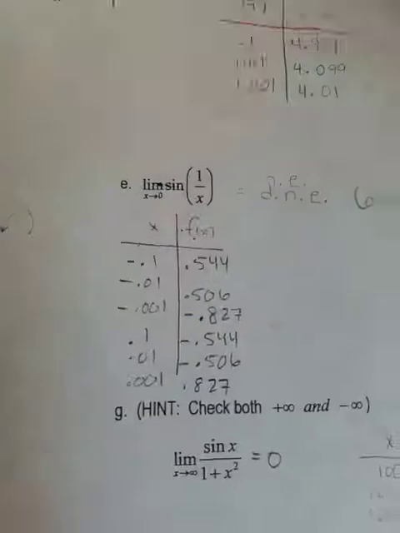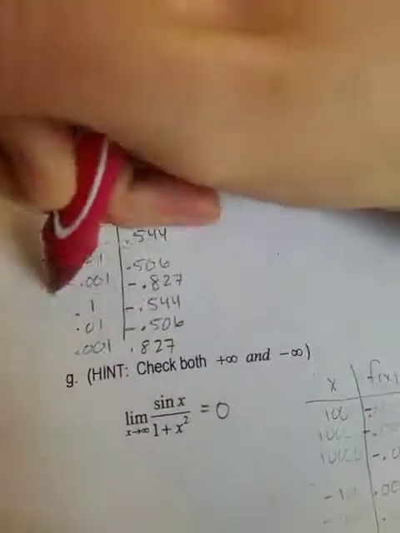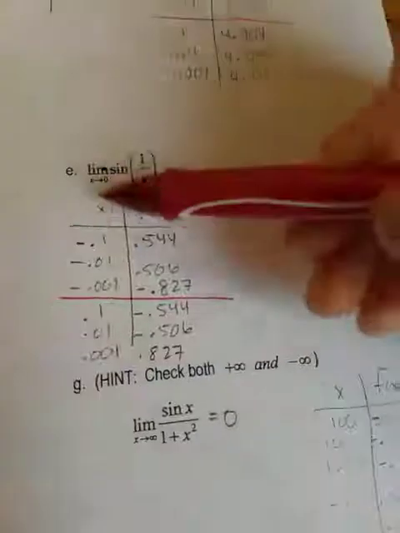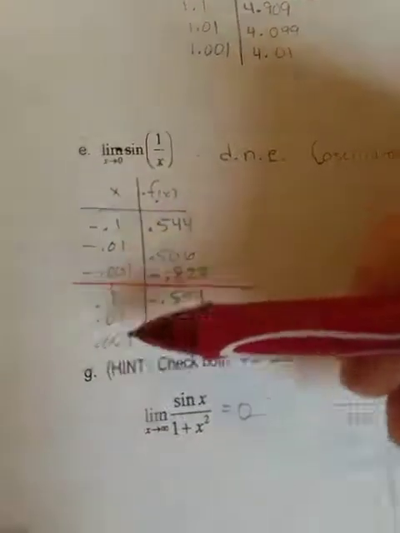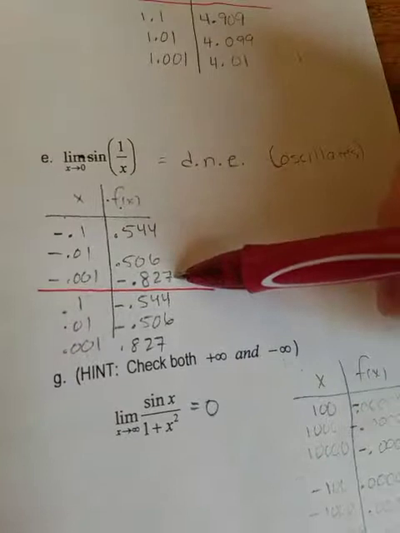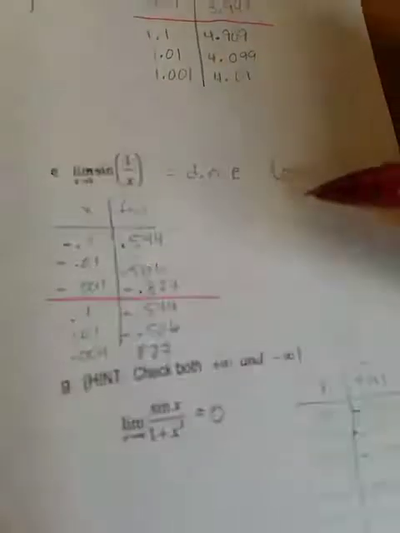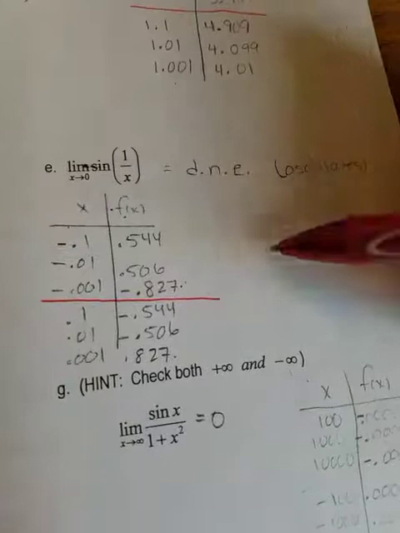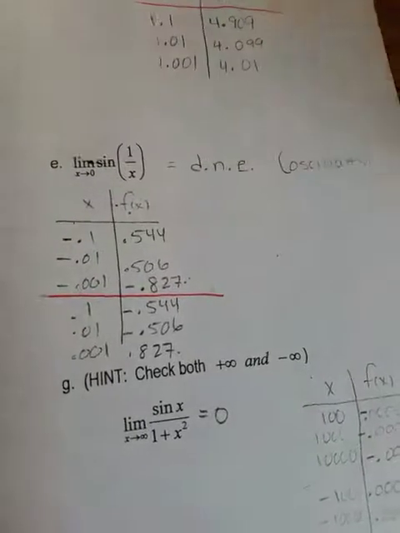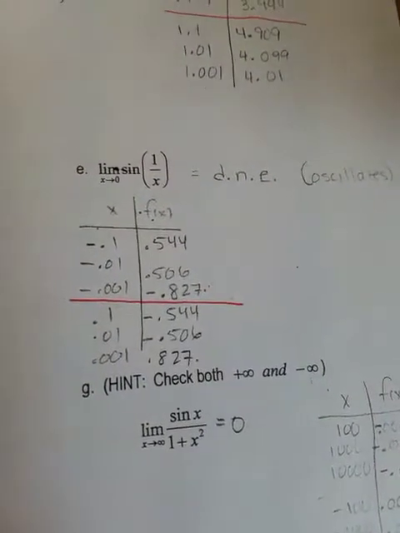Okay. Here's another situation. As x approaches 0, sine of 1 over x. So again, you're coming into 0 from the left and 0 from the right. This one, you get a negative 0.827 and a 0.827. If you actually graph this one, you'd see that it oscillates, and it's not actually coming in at the same y value from both directions of 0.